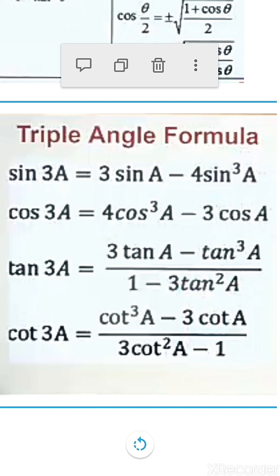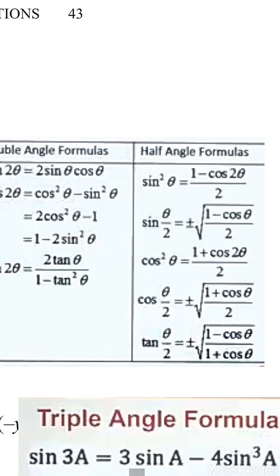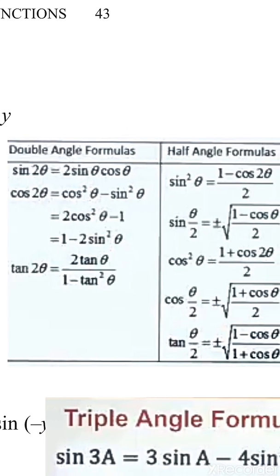So you have to revise those formulas again and again, and write these formulas in your fair copies also. Sine 3a is equals to 3 sine a minus 4 sine cube a. Cos 3a is equals to 4 cos cube a minus 3 cos a. Tan 3a is equals to 3 tan a minus tan cube a upon 1 minus 3 tan square a, and so on.